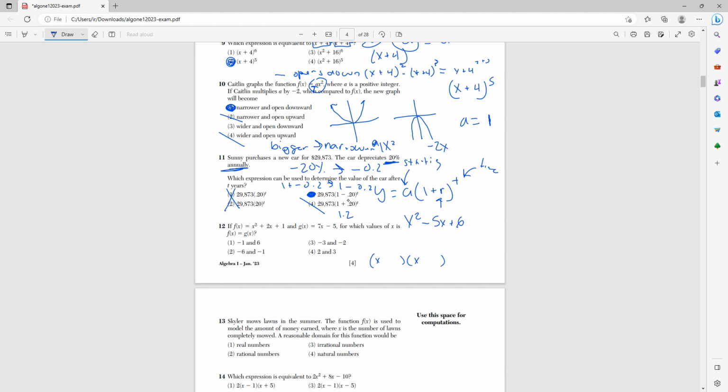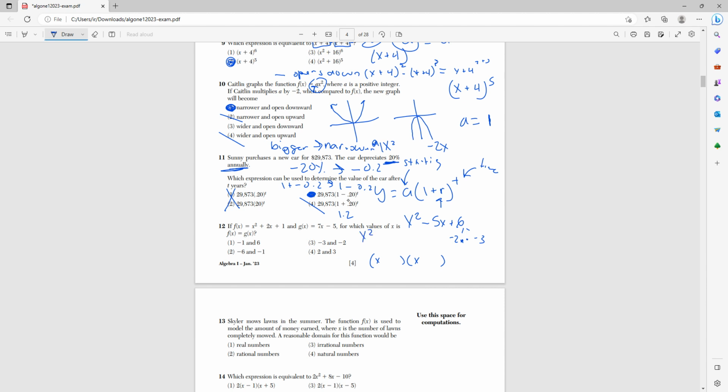So we're going to need to find two numbers that add to negative 5 but multiply to positive 6. So I could imagine negative 2 times negative 3. Negative 2 times negative 3 is 6, and if you add negative 2 to negative 3, that's also equal to negative 5, right? So that's going to be our two values.